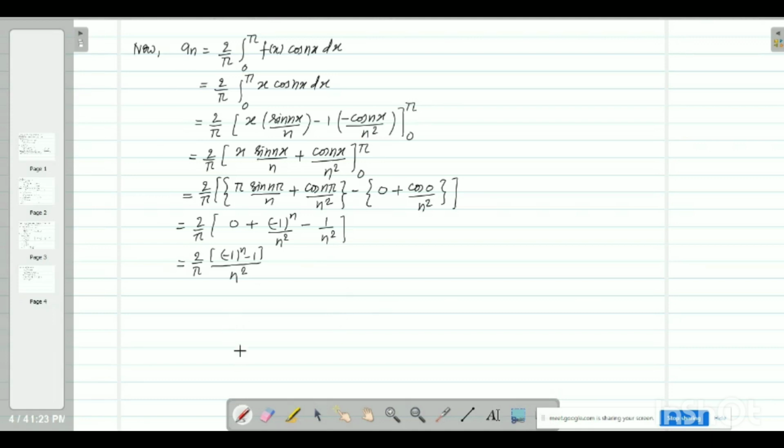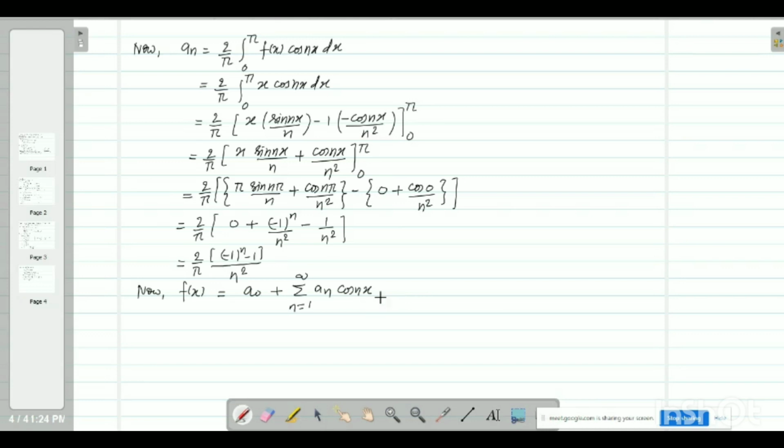We already obtained bn. Okay, so no need to find bn. Therefore we substitute all the Fourier coefficients in equation number star. Where is the equation number star? Your equation number star is f of x. Now f of x is equal to a naught plus the sum running from n equal to 1 to infinity an cos nx.